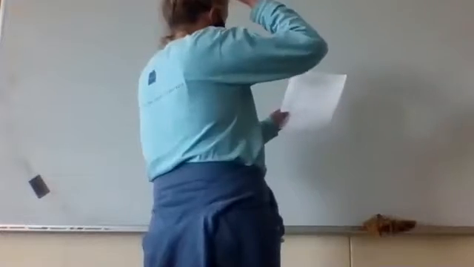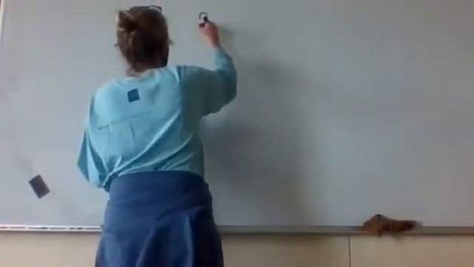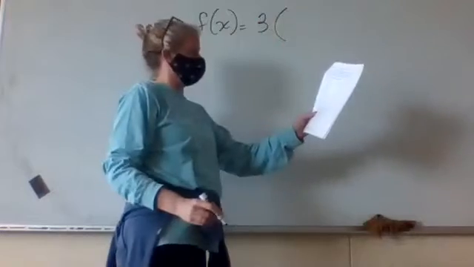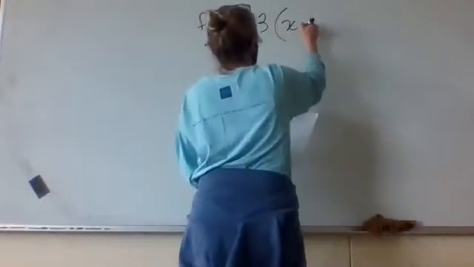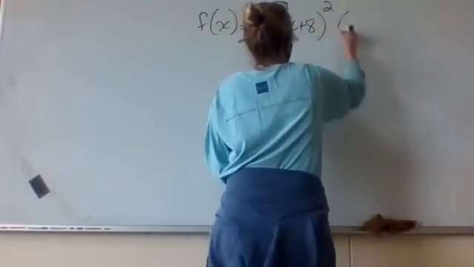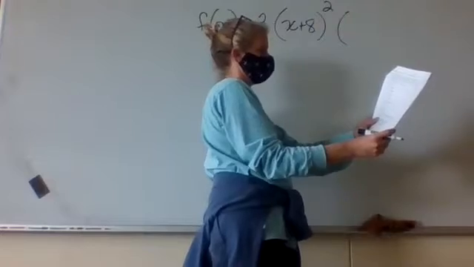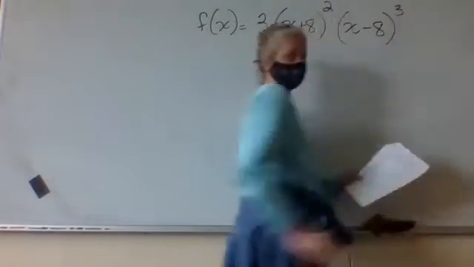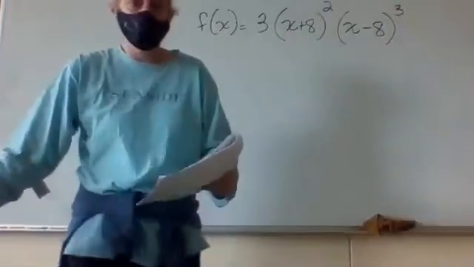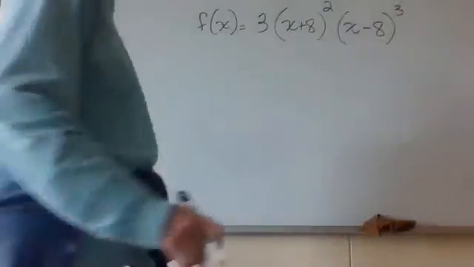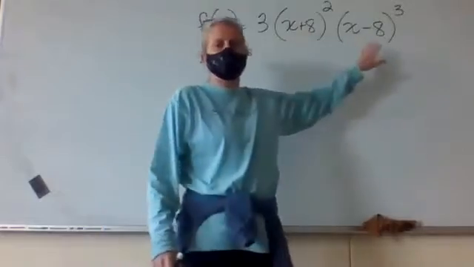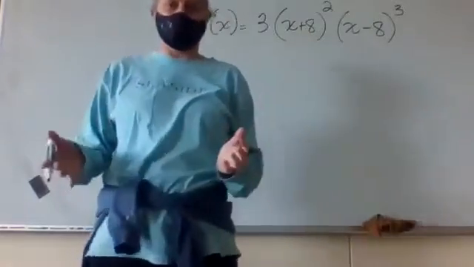So the function is f of x equals 3, then (x plus 8) squared, and (x minus 8) to the third. When I'm finding zeros of the function, remember your zeros always come from the factors that have the x's.